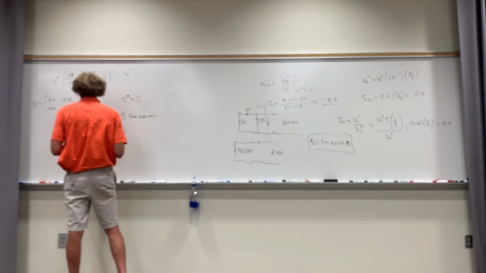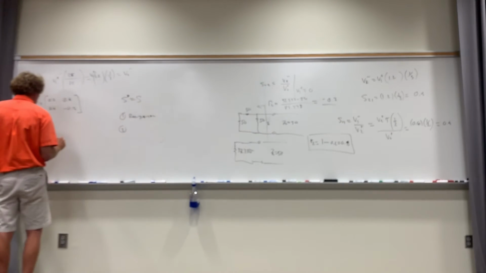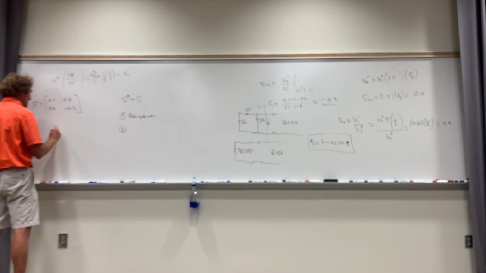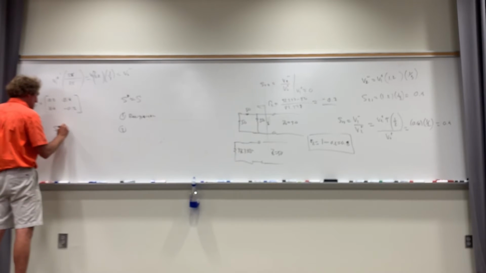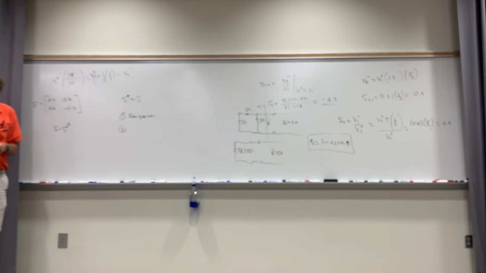The next thing it asks for is if it's lossless, and lossless says what? If I take S and multiply it by S conjugate transpose, I think in the book he has that, doesn't he? Just look. This is on page 562.